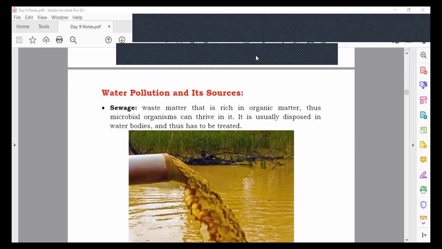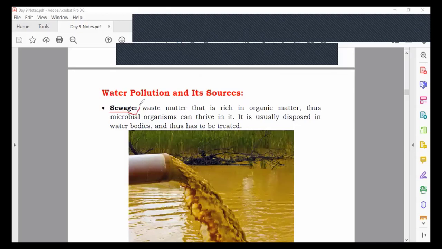Now we will discuss water pollution, and we'll see where it comes from. Number one, the sewage.